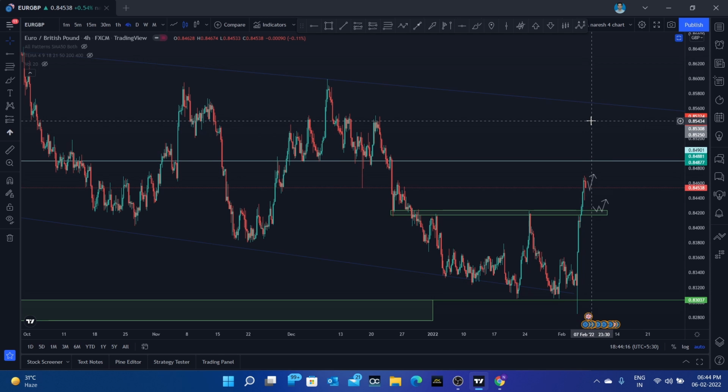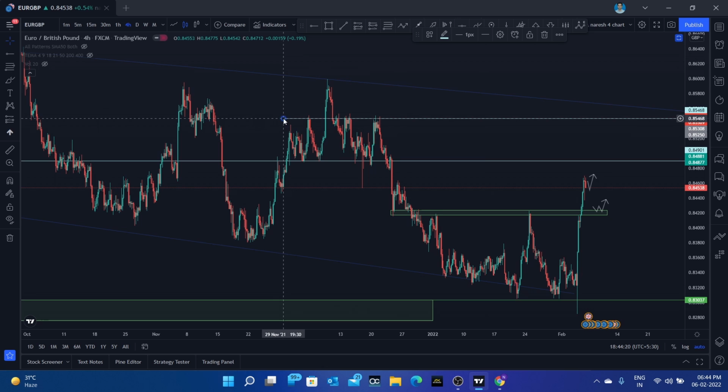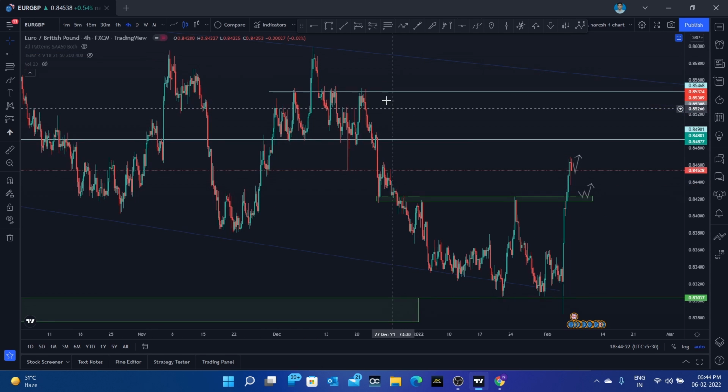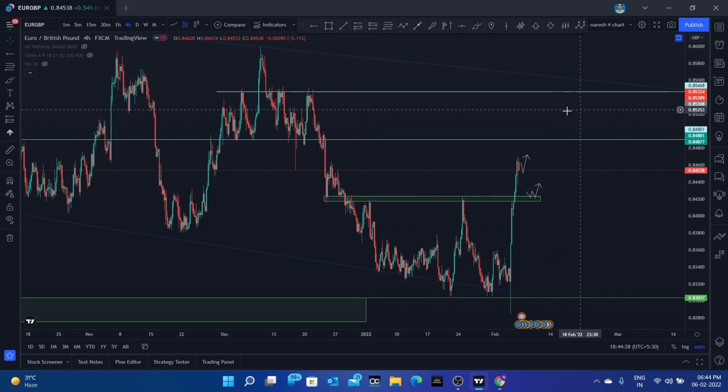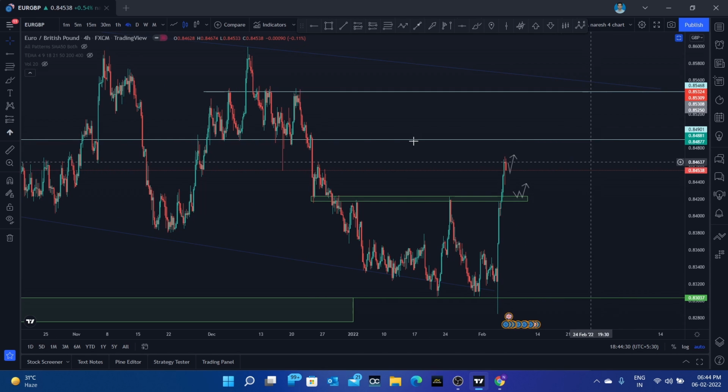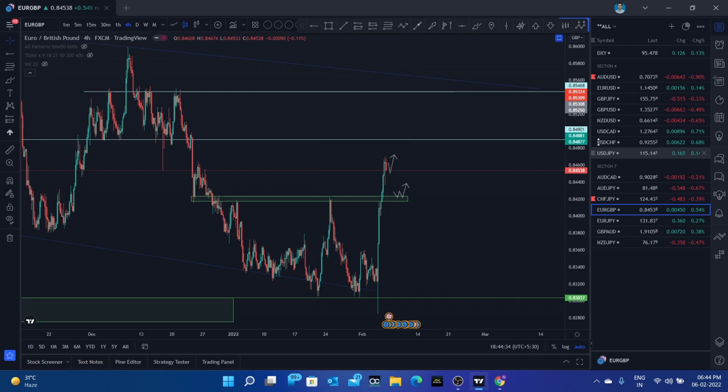So I'm expecting it to be bullish up to this level, guys. We have a major resistance in this area. I expect the price to come to this level and make some consolidation in this area, and you can look for bearish trades again. So that would be for EURGBP, guys.